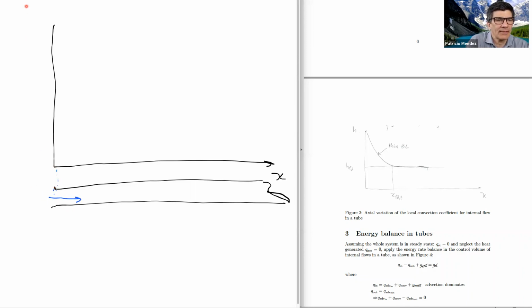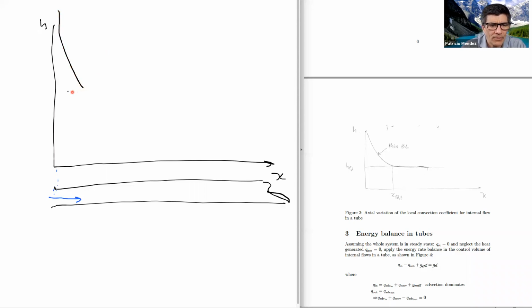And this vertical axis is the convection coefficient. What do we have? Well, our equations say that the convection coefficient at the leading edge is infinite, but we know it's not infinite. It's just that if we assume heat transfer only in the direction transverse to the flow, then it would be infinite. But we know that right at the leading edge, the heat transfer is not 1D, it is actually 2D. So it's infinite, comes down, comes down, comes down.